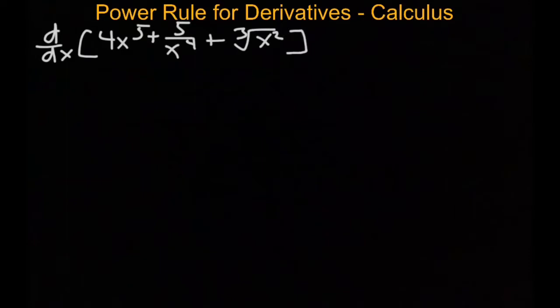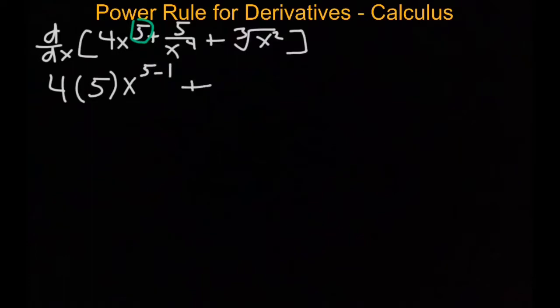So our n value for 4x to the fifth is 5. So we can write this out as 4 times 5 times x to the power of 5 minus 1. For the second part, 5 over x to the fourth, we need to bring the x to the fourth up to the numerator. So we'll have 5 times x to the negative 4.